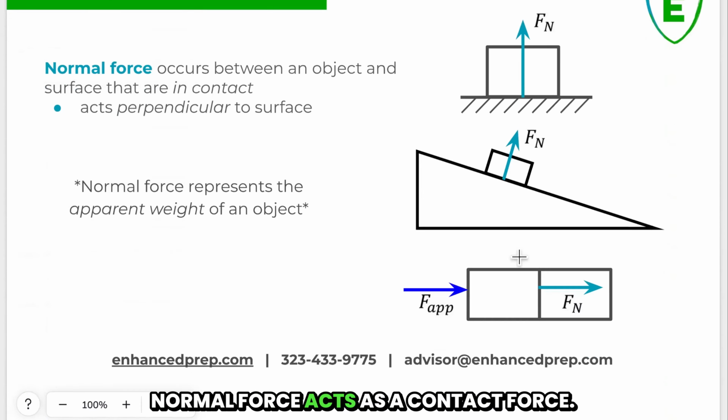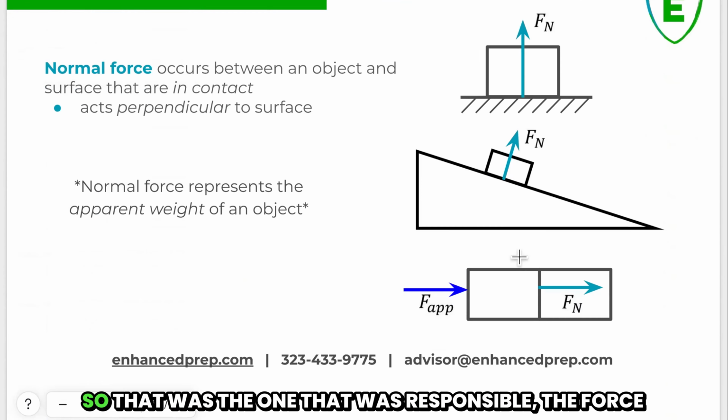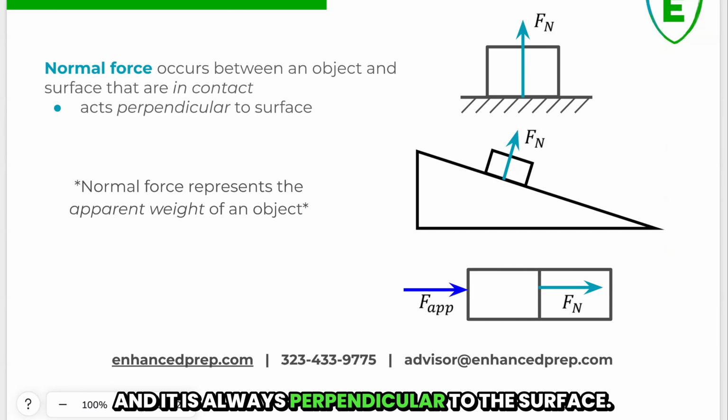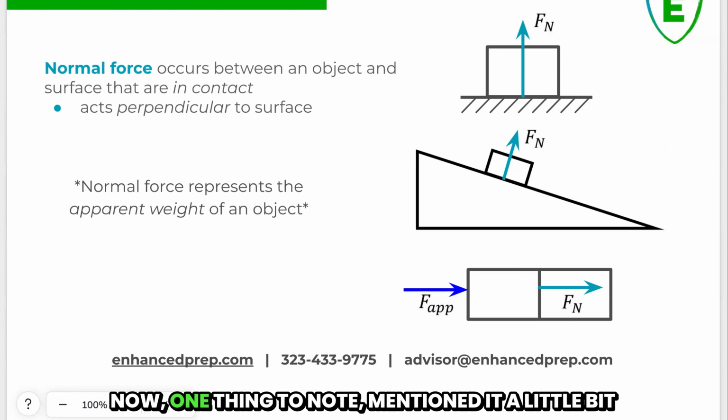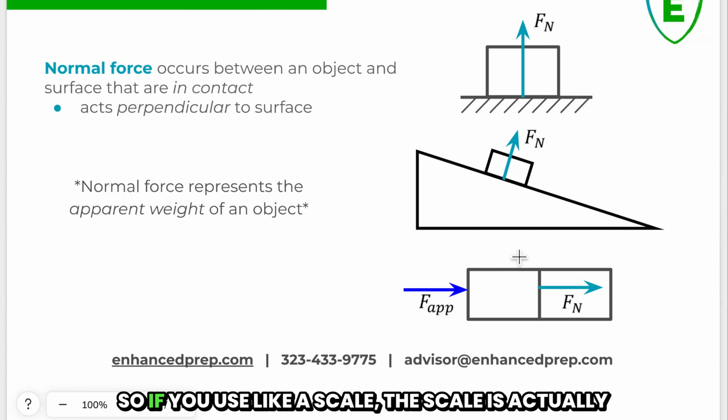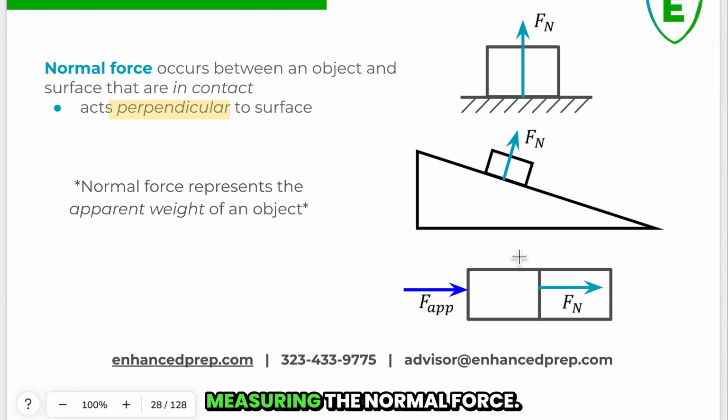Normal force acts as a contact force. That was the force that the table exerted on the book. And it is always perpendicular to the surface. Now, one thing to note, mentioned a little bit before, the normal force represents an apparent weight. So if you use a scale, the scale is actually measuring the normal force.